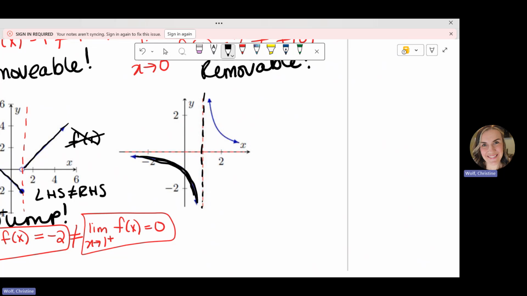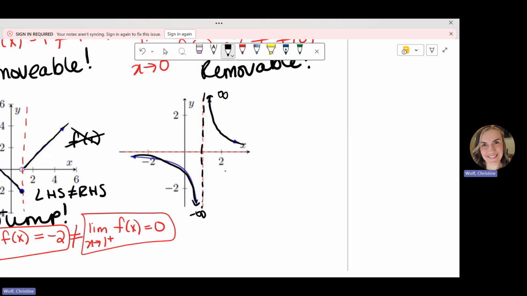When I check positive 1 from the left, I'm going down to negative infinity. And when I approach 1 from the right, I am getting infinity. Those don't have to be equal to each other. The limit doesn't exist here because the left-hand side doesn't equal the right-hand side. So for sure, the limit doesn't exist. It is an infinite discontinuity.